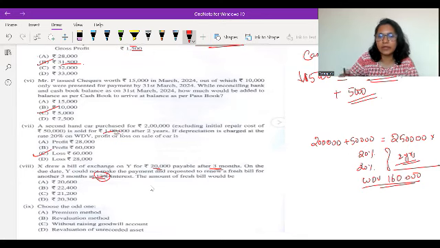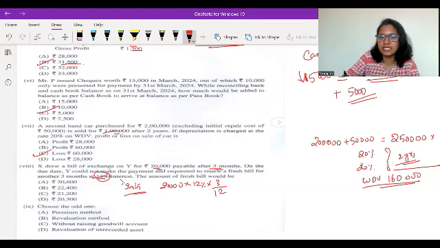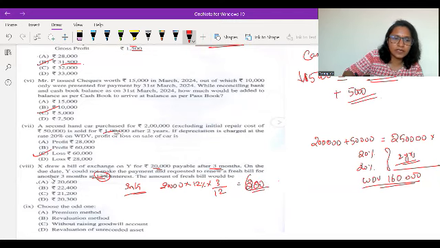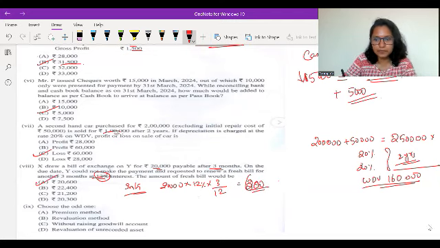So what will be the 12% interest? 12% interest will be for 3 months. So 20,000 into 12% interest for 3 by 12, because 12% is interest per annum. So for 3 by 12, it will be 600. So the answer will be 20,600.